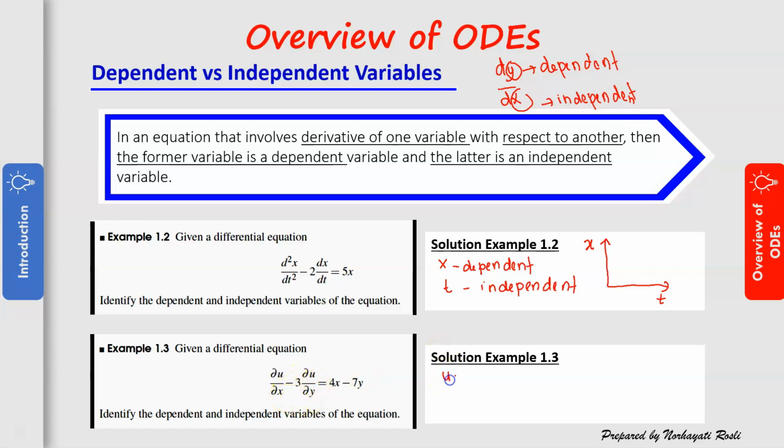It means that u is the dependent variable, and we have two independent variables, x and y. When we plot this graph, variable u depends on x, and you will also have a second graph where variable u depends on y.